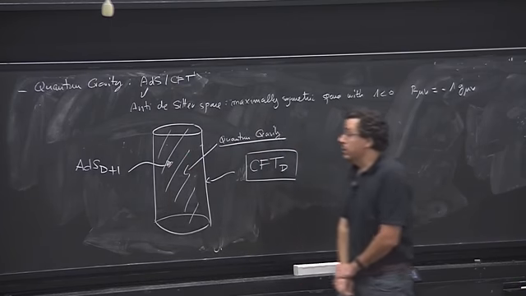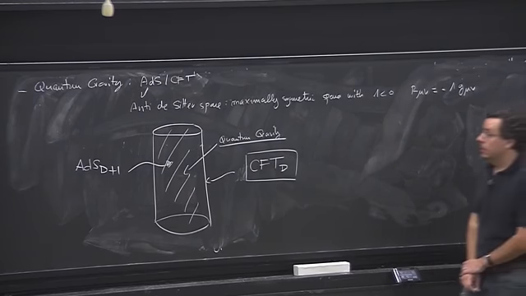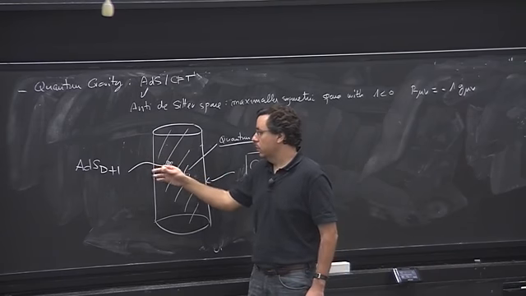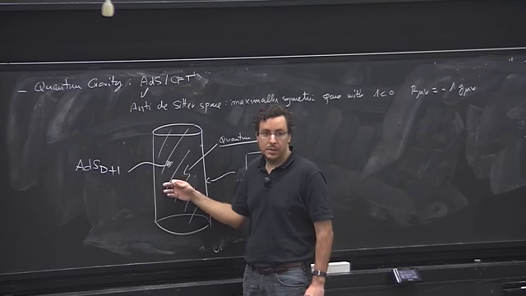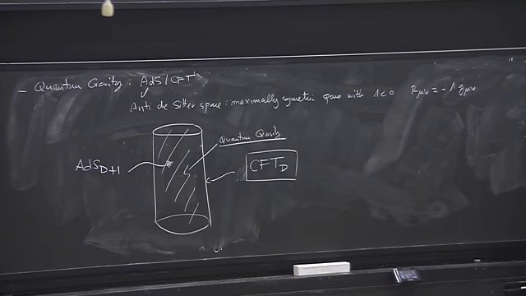So later in the year, you'll have a course on AdS-CFT, where hopefully you will see how beautiful this dictionary is between gravity in the box and correlation functions of operators in the boundary CFT.